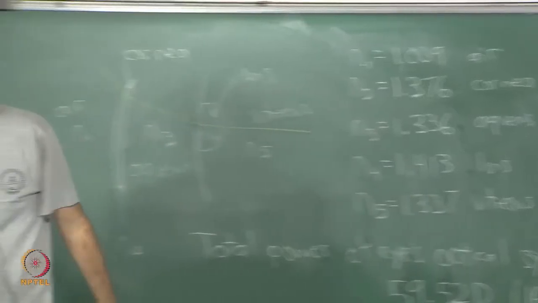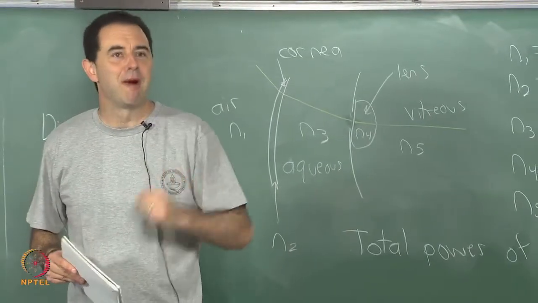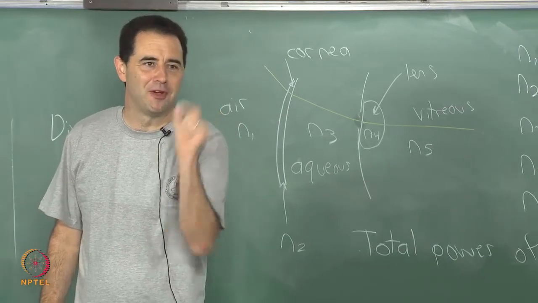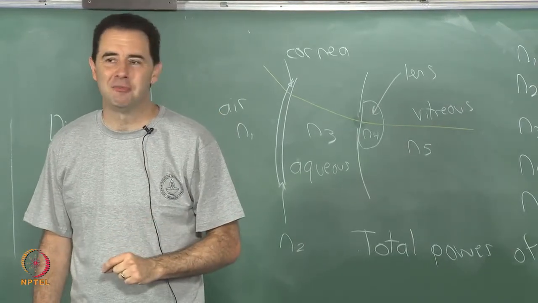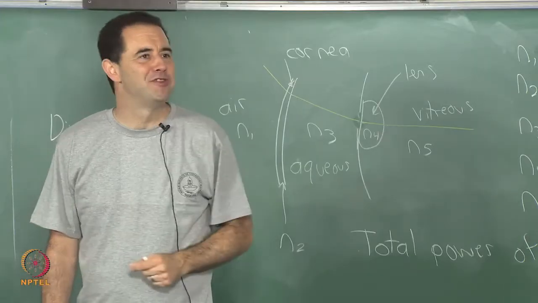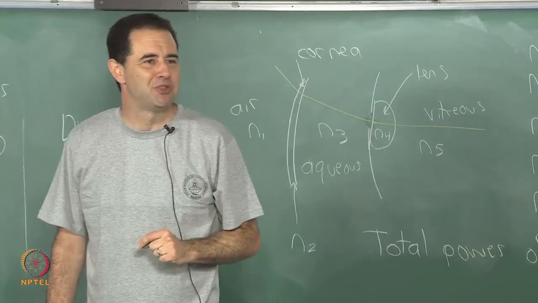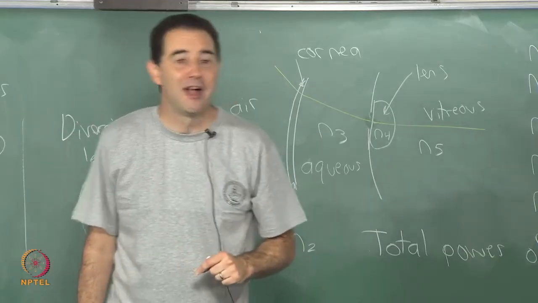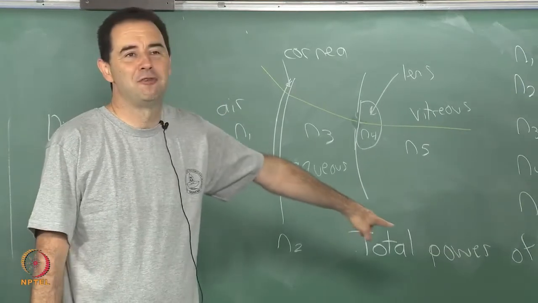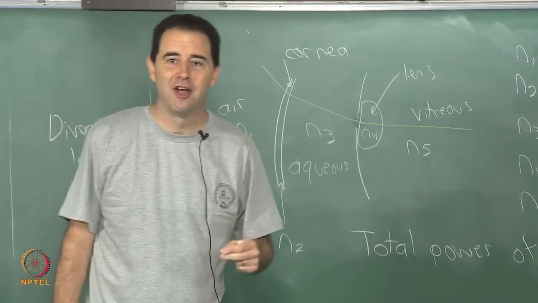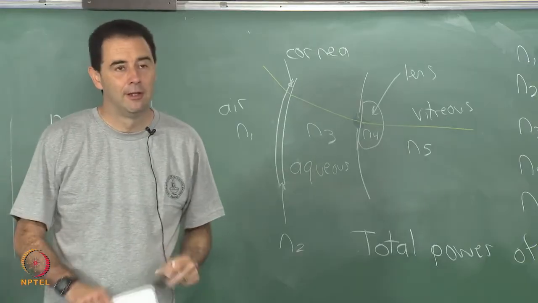Right, so that's quite a powerful lens. When you combine it all together, that's quite a powerful lens, right? It has to severely bend the rays. If I just go and buy some lenses online somewhere, you know, which I have a set of lenses here if you want to play during the break, by the way. If you just go buy some standard lenses, chances are they're not so highly curved as to achieve nearly 60 diopters, right? So the optical system that we have in our eyes is very, very powerful. Any questions?